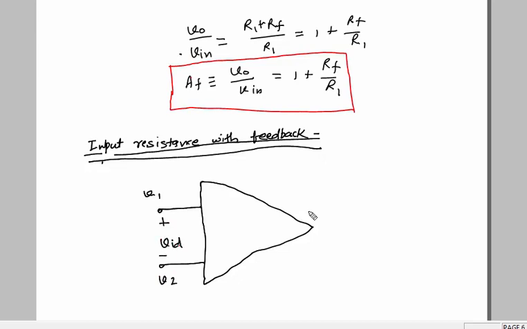So VID is V1 minus V2. If I see the equivalent, let us call this Ri, which is the input resistance of the op-amp without feedback.